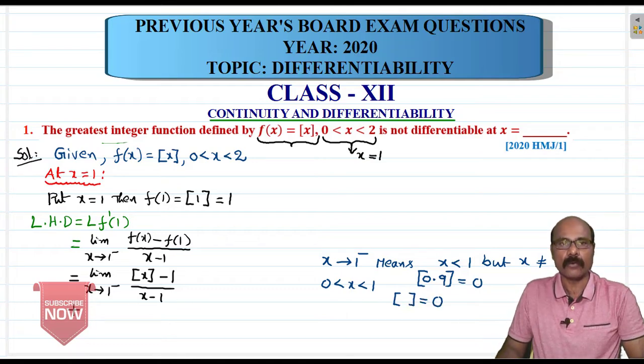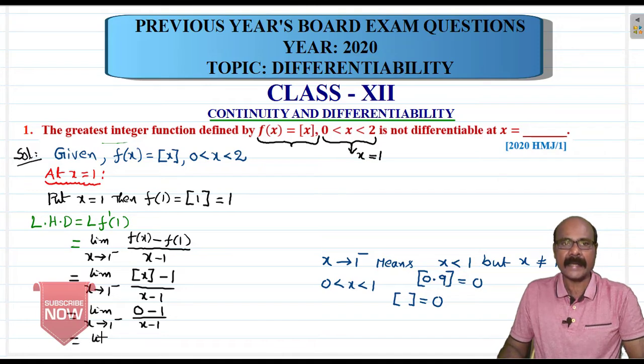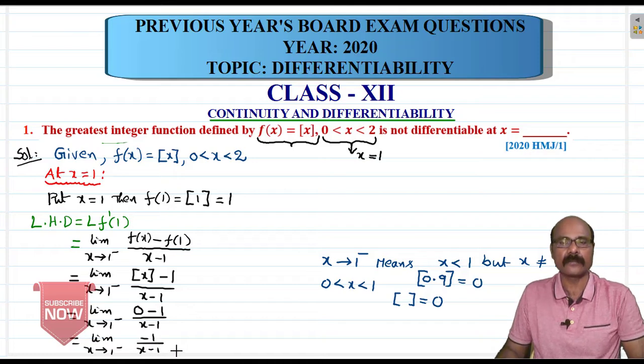So what will we get here? Limit x tends to 1 minus, step x value is 0, minus 1, by x minus 1. That is equal to limit x tends to 1 minus of minus 1 by x minus 1. Now we can substitute the limit value.